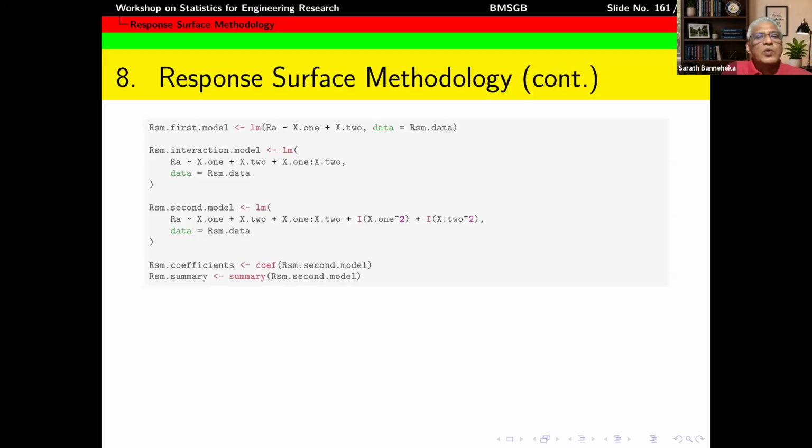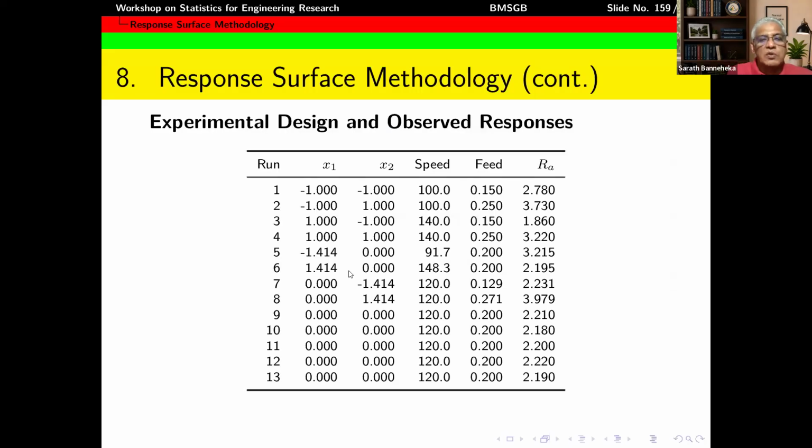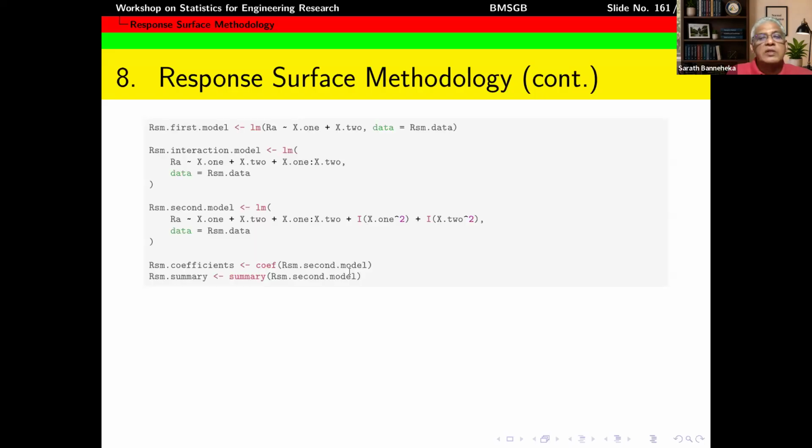Okay, so here I look at several models. First model, I consider the linear model. RA is the response. X1 is this column. X2 is the other column, right? So in this model, only the main effects are included, right? And then I also consider a model with interaction term without square term.